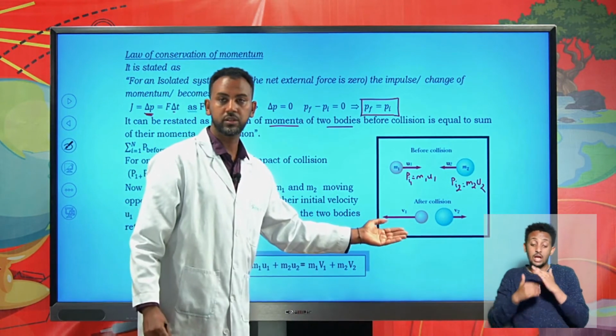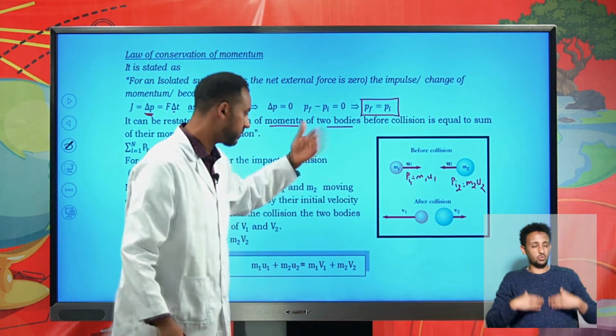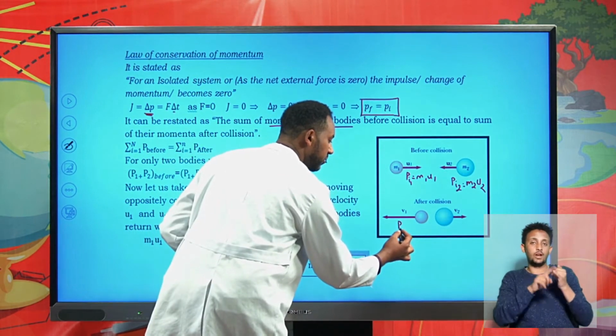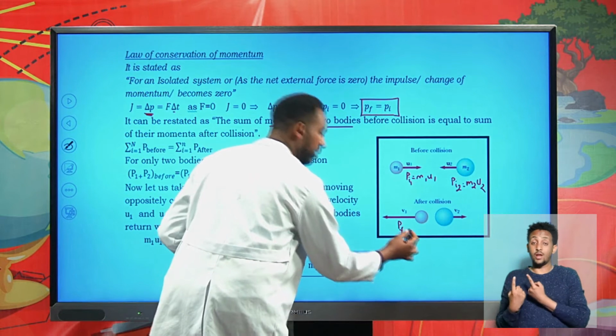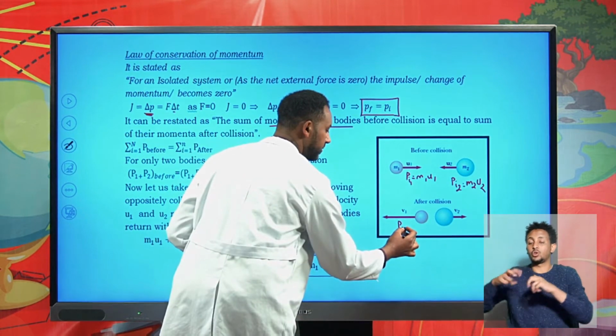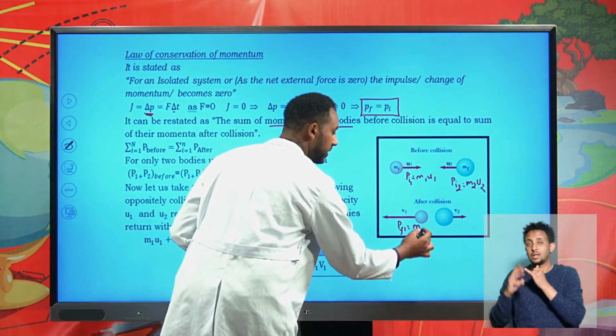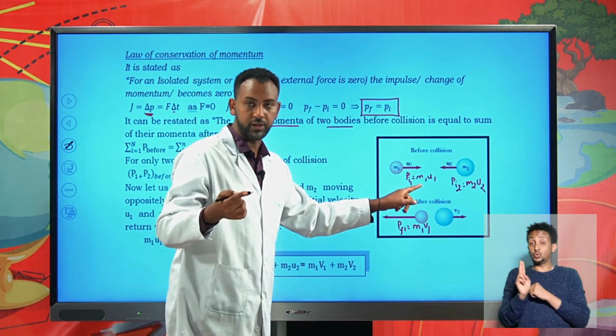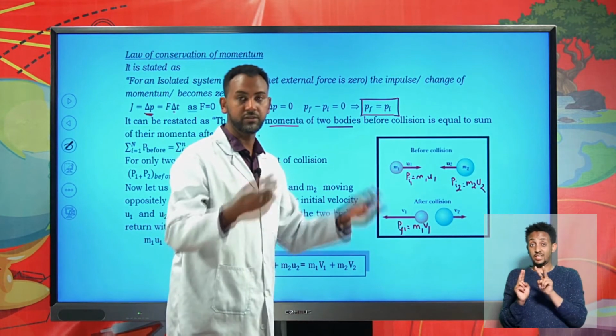After collision, these bodies have their own respective velocity, so that they have their own final velocity. The momentum of particle 1 after collision is mass 1 times the final velocity. Let's use u as initial velocity, v as final velocity.